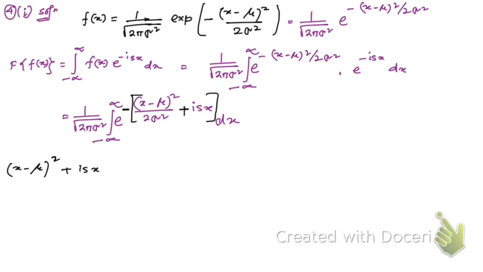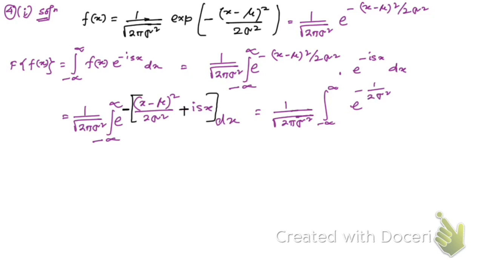We can do one more thing before we simplify this part. Let us take 1 by 2 sigma square common. Then we have 1 by root 2 pi sigma square, integration from minus infinity to plus infinity, e to the power minus 1 by 2 sigma square taken common.